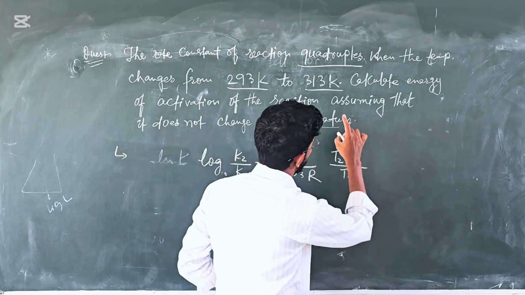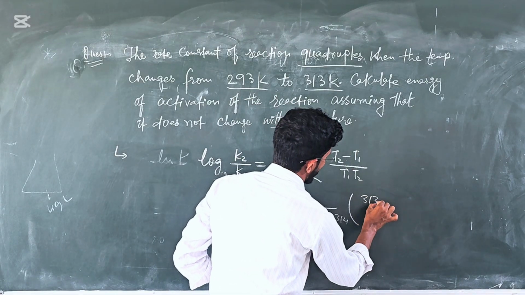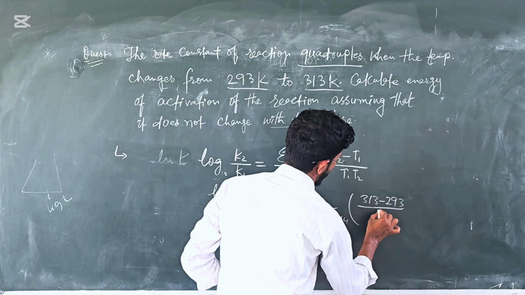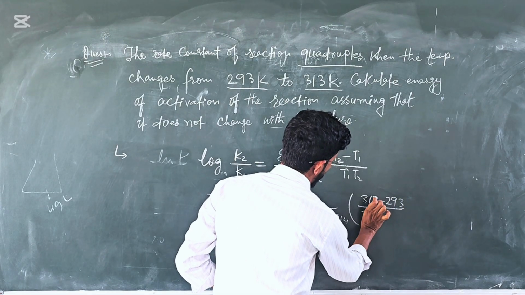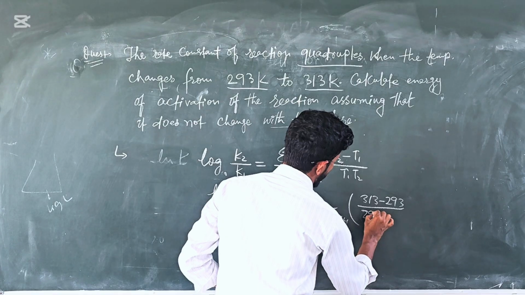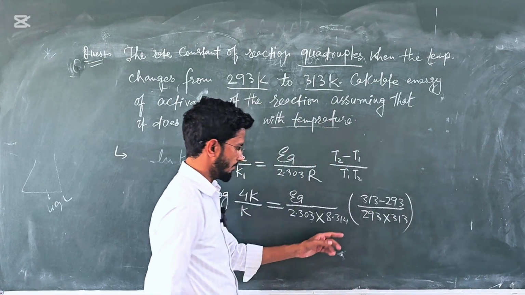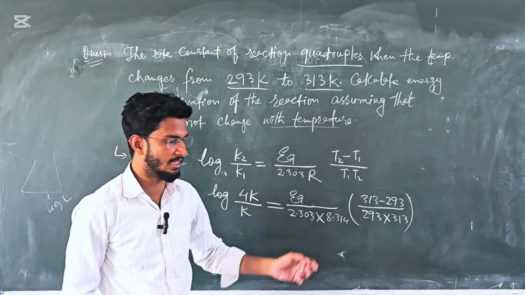Now T2 minus T1, T2 is 313 minus T1 is 293, upon T1 T2, that is 293 multiplied by 313. By simply solving this, we can get the answer.